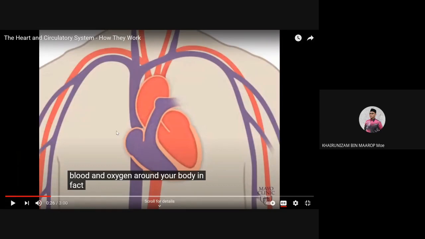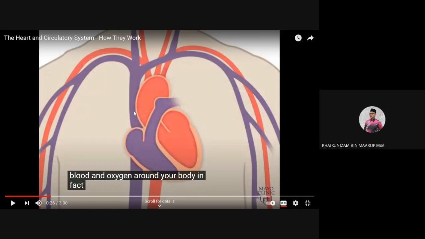Okay, the right side of your heart contains deoxygenated blood. And if you look at the red color, this is the artery, which transports oxygenated blood.